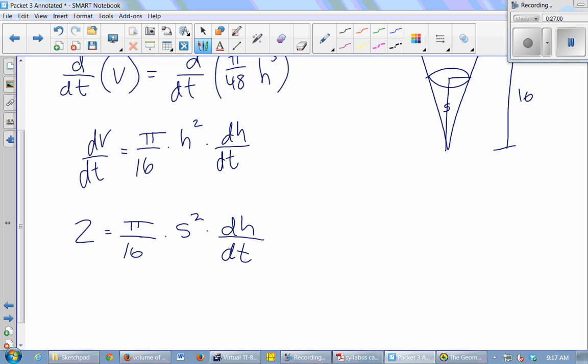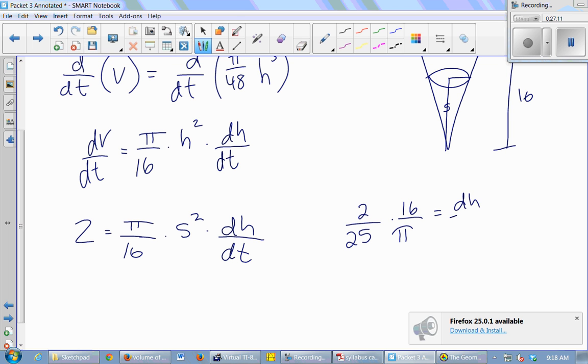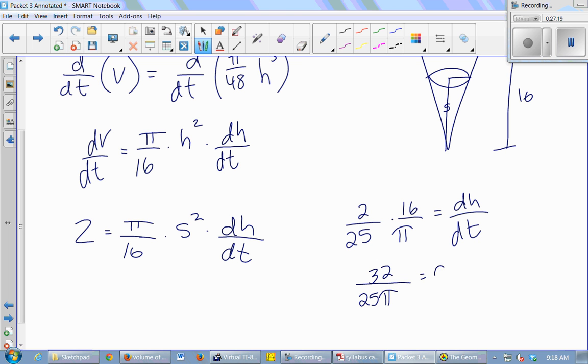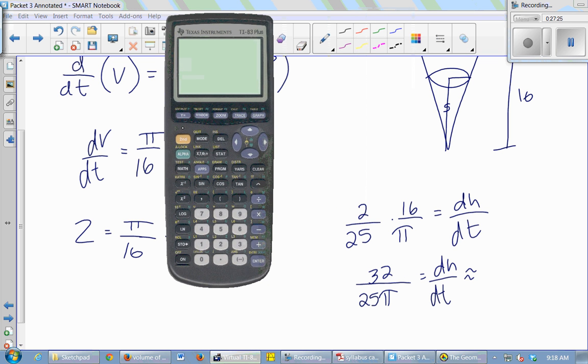So I divide both sides by 25, and then multiply both sides by 16 over pi. So this is 32 over 25 pi. And let's get an approximate value for that, to make sure it makes sense.